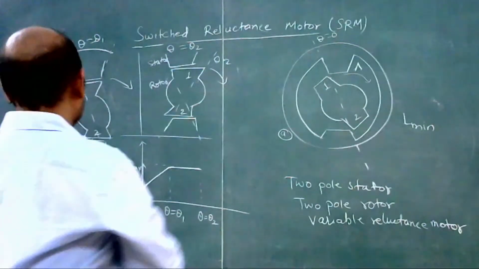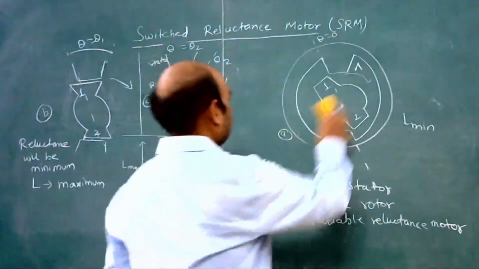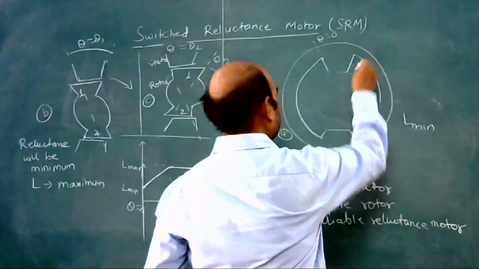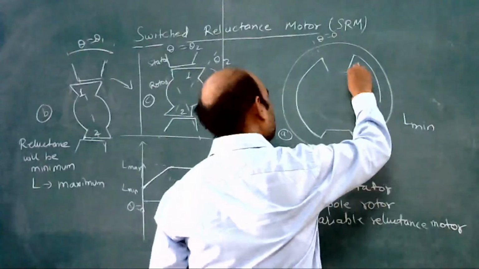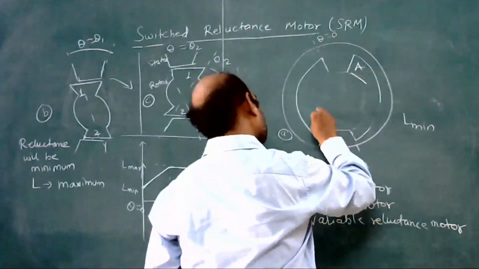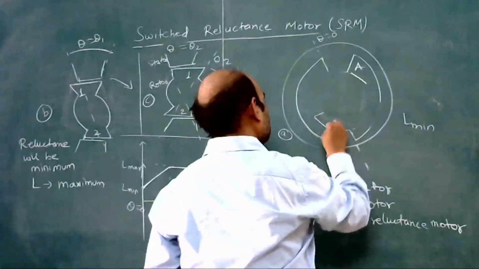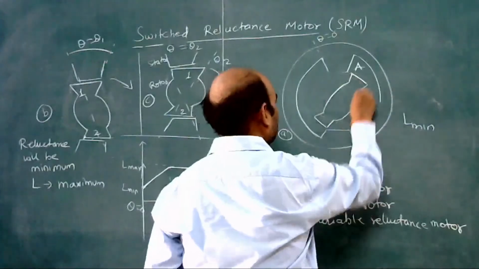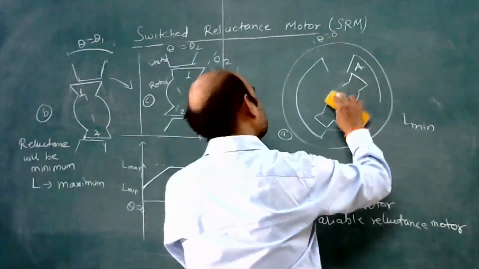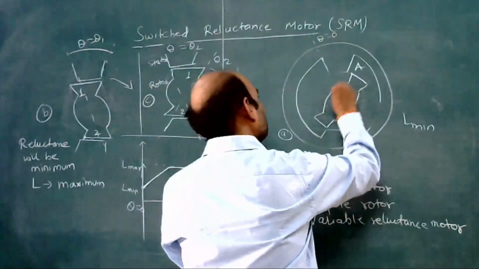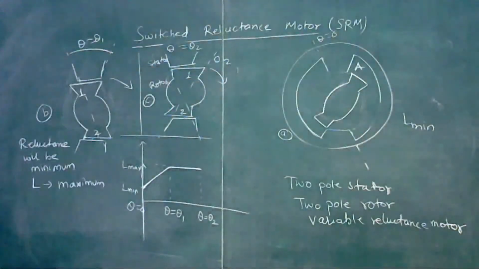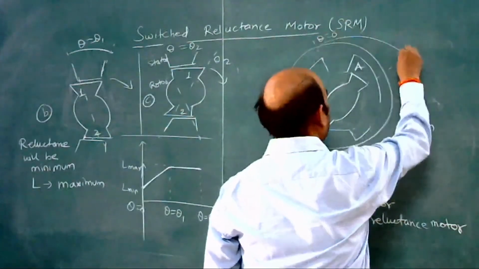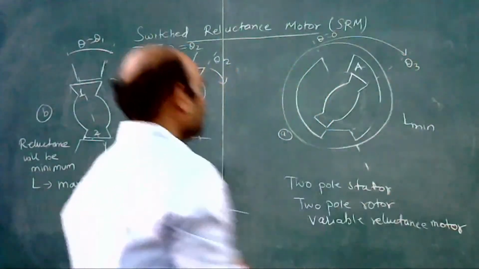Now, this is C. Now B is gone out away from the stator. So the rotor is gone out away from the stator, like this. The angle is theta.